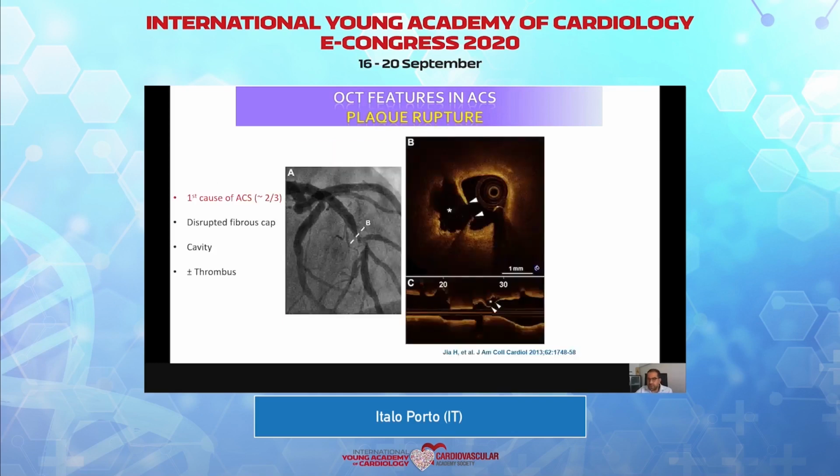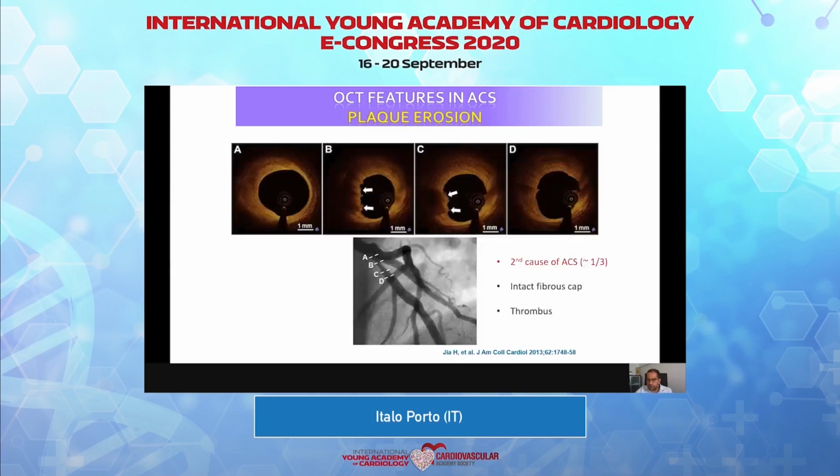So you can clearly see a ruptured plaque in ACS. You can also infer if a plaque is eroded, because you see thrombus, but you do not see rupture, and the fibrous cap is intact.